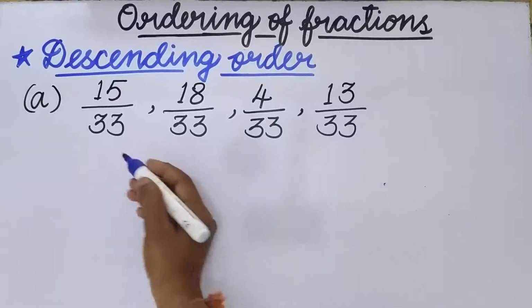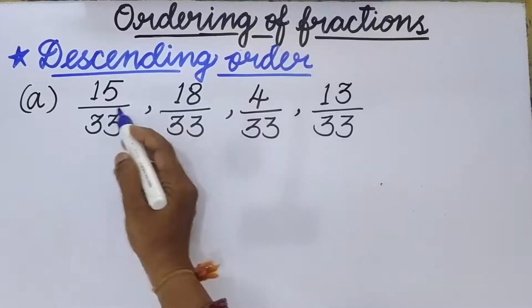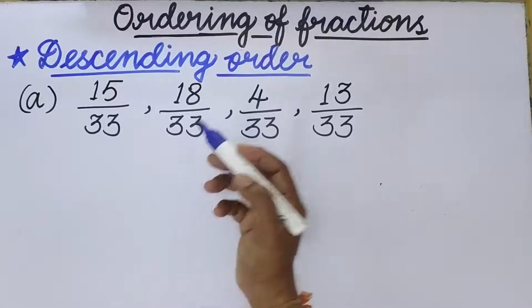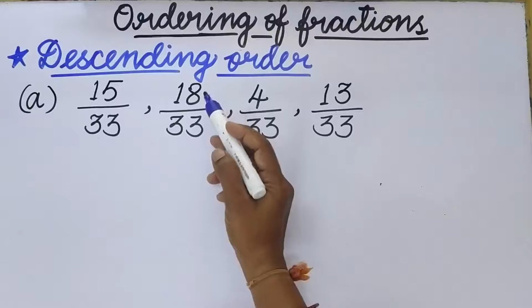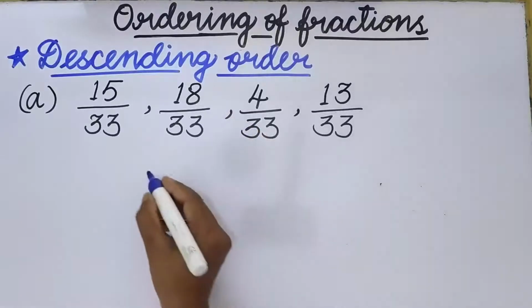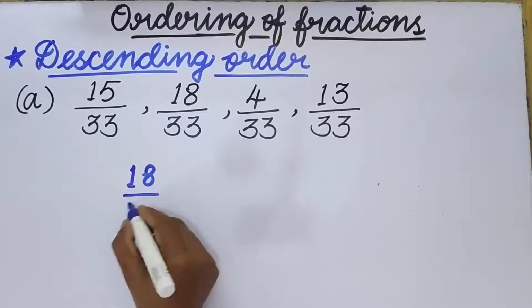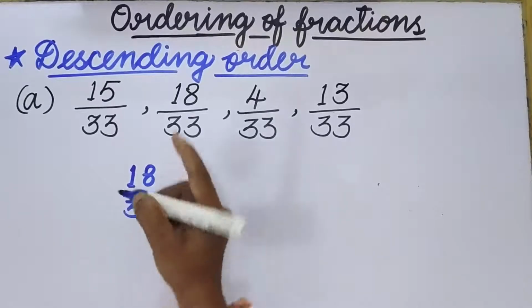Okay. So, like fractions, so we need to check the numerator. From here, we'll come to know the greatest fraction is 18 by 33. So, 18 by 33 is greatest.